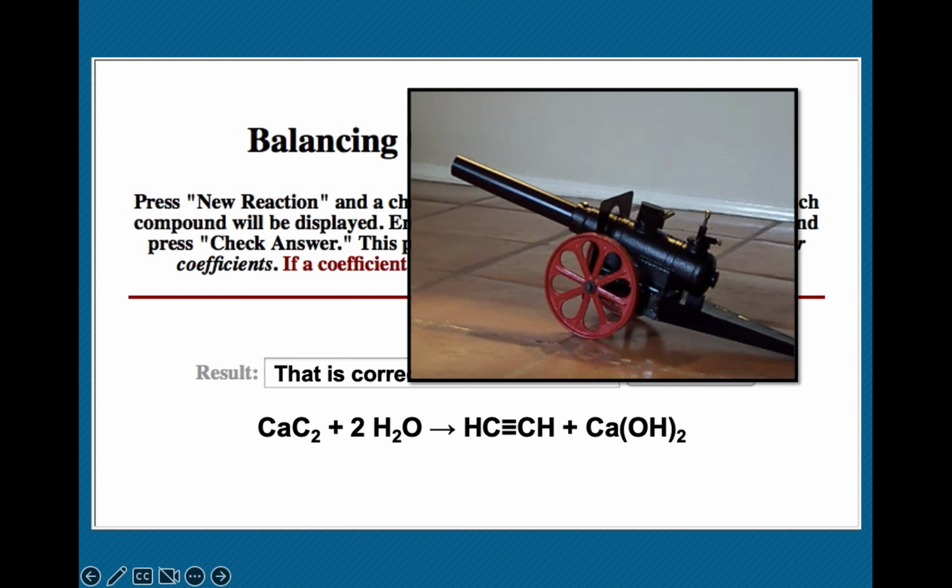This is a striker that would make a spark. So you would take your cannon, fill it with water, fill it with carbide, push your button, and it was great fun. You could stuff stuff down the barrel, it would shoot it halfway across the yard. It was fun. This is how a whole generation of chemists grew up.